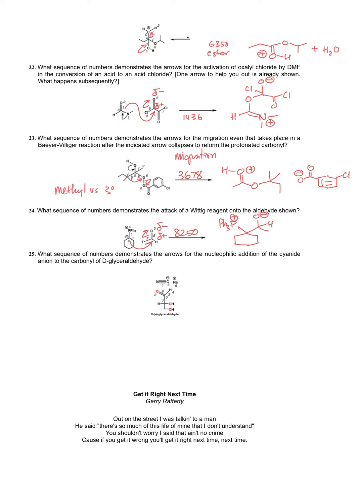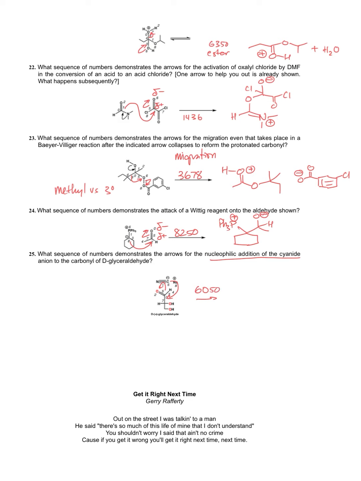Finally, 25, we want the nucleophilic addition of cyanide anion to the carbonyl of D-glyceraldehyde, which is the first step in the Kiliani-Fischer. So it's telling you nucleophilic addition of cyanide. So 6 is the start, 6 to 0, and then 5 to 2.